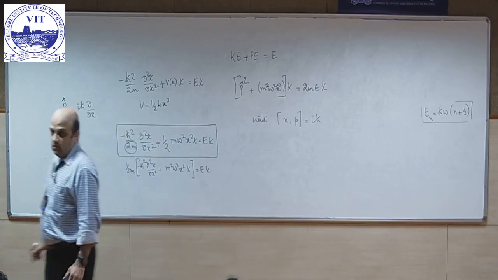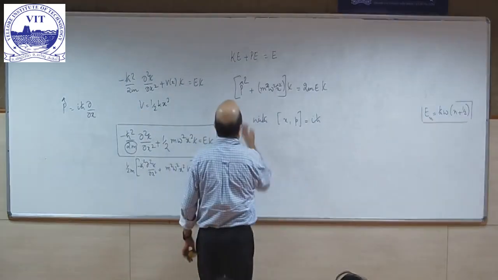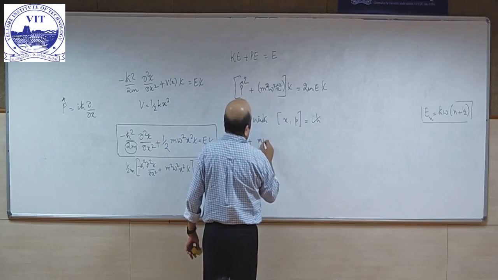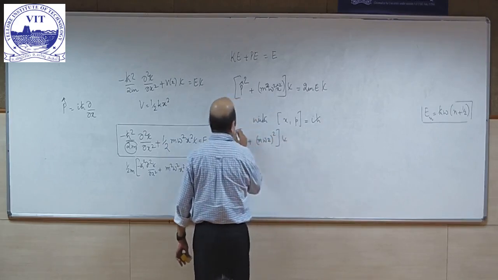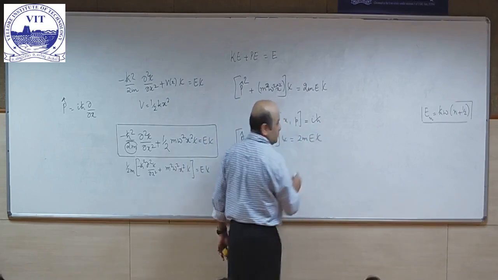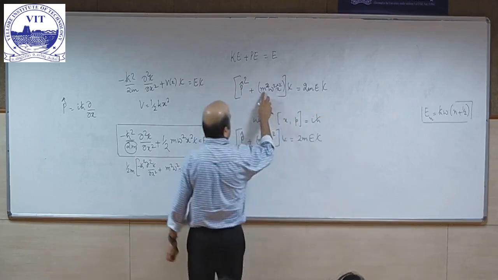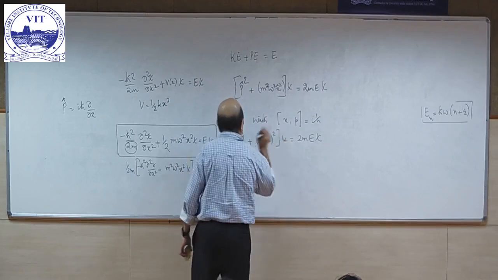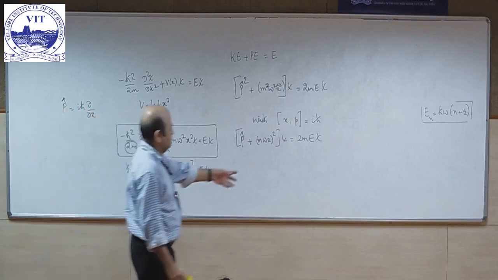So you can write this as p square plus m omega x square, operating on psi, giving you 2m E psi. I can just write this m square omega square x square as m omega x whole square, operated on psi, giving you the energy.